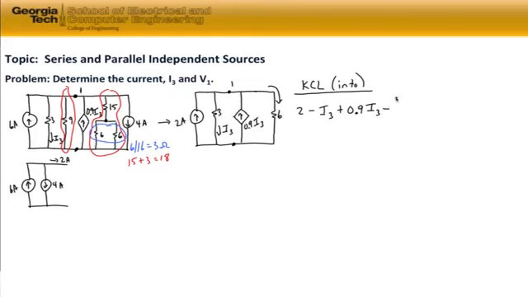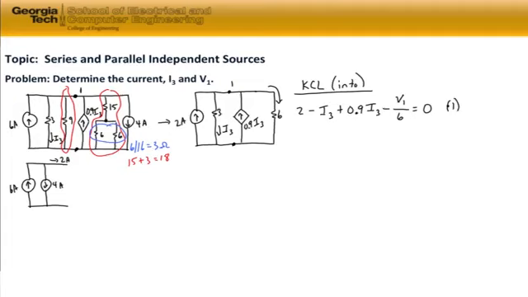It's equal to V sub 1, the voltage associated with the top node, divided by 6 ohms, using Ohm's law, and the sum is equal to 0. So we've used Kirchhoff's current law, the sum of the currents into any node equals 0 at any instant in time, to come up with our first equation. That's equation number 1.